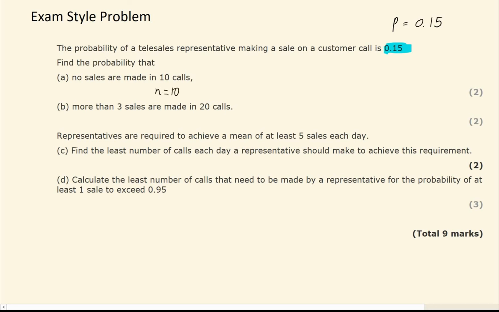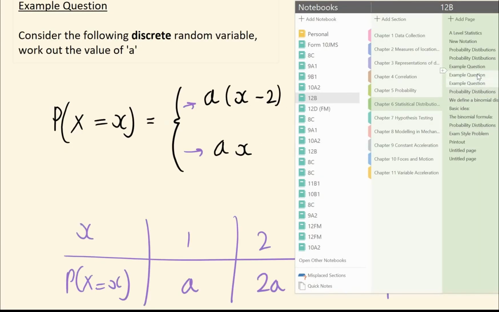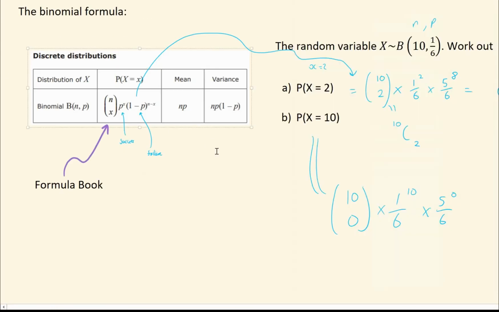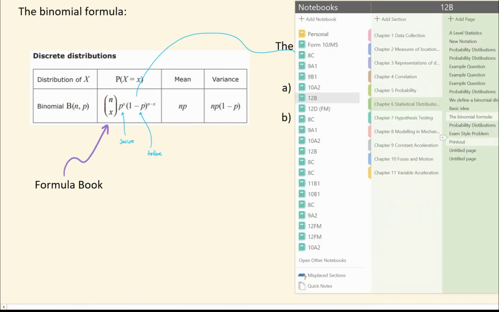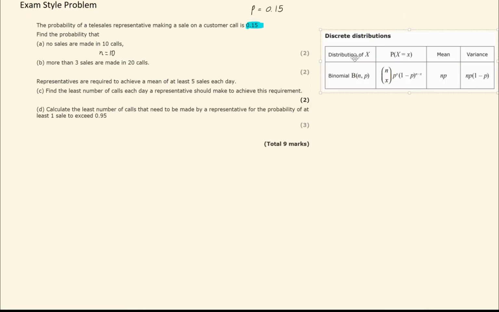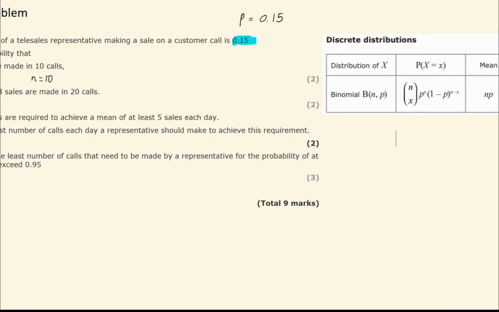And we can just work that out. We can do that using the formula. So let me go up and actually copy the formula down, if I can find it, which is here. So again, always have the formula to hand, and in exams of course you will as well, so there's no reason not to. We want no sales in 10 calls. That means we want x equals 0, so there's no successes.